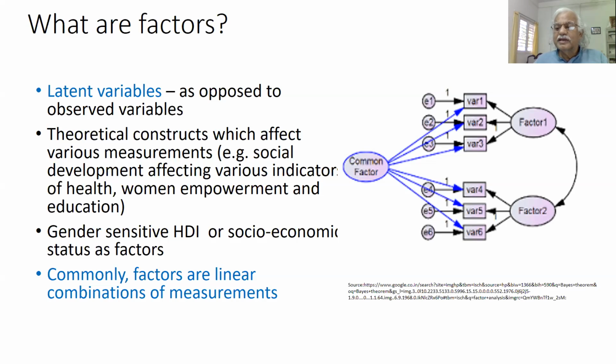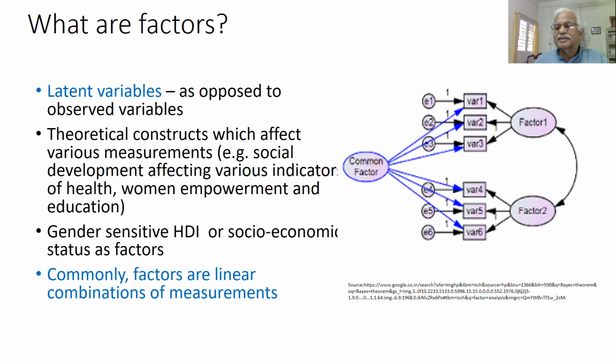Factor 1 affects variable 1, variable 2, and variable 3. Factor 2 affects variable 4, variable 5, and variable 6. Then there is a common factor which affects all the variables. And there is some relationship between factors also. So the relationship between variables and factors. Factors are latent, means they are hidden.